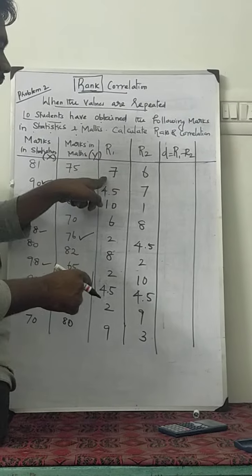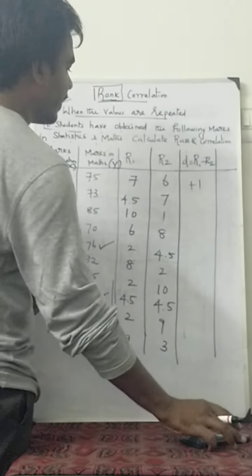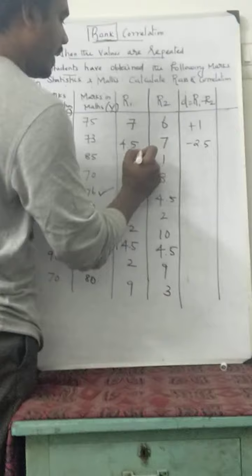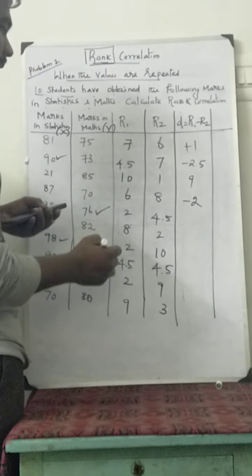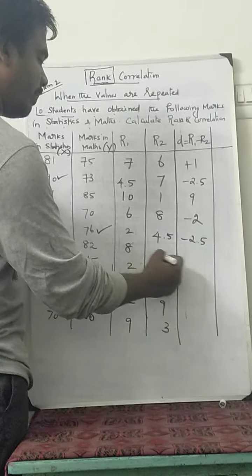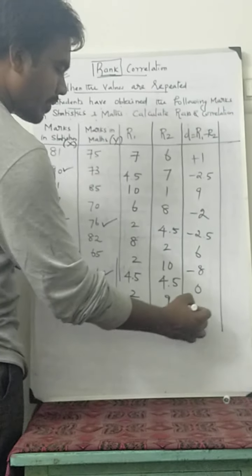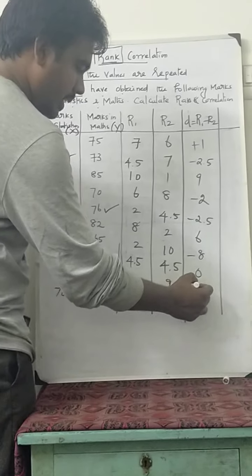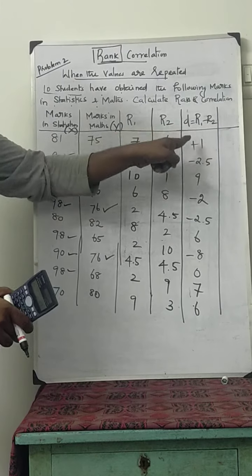So look here, 7 minus 6 is 1, 4.5 minus 7 is minus 2.5, 10 minus 1 is 9, 6 minus 8 is minus 2, 2 minus 4.5 is minus 2.5, 8 minus 2 is 6, 2 minus 10 is minus 8, and so on. I hope you understand that the difference between R1 and R2 is called D.